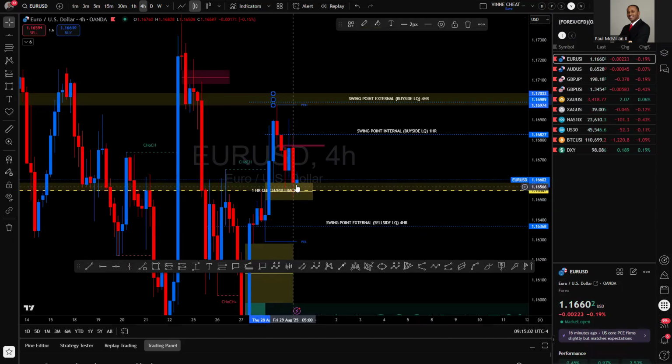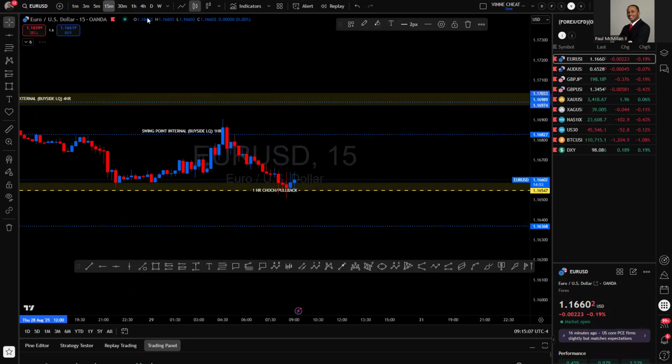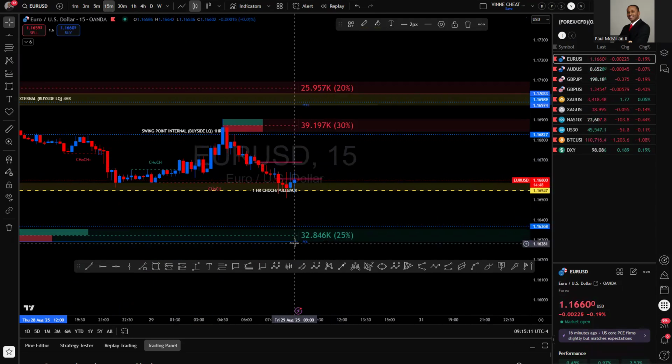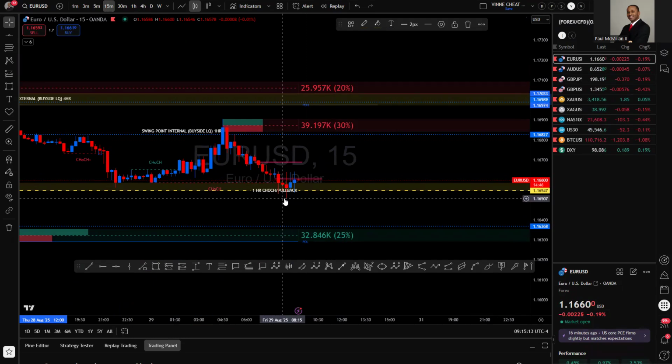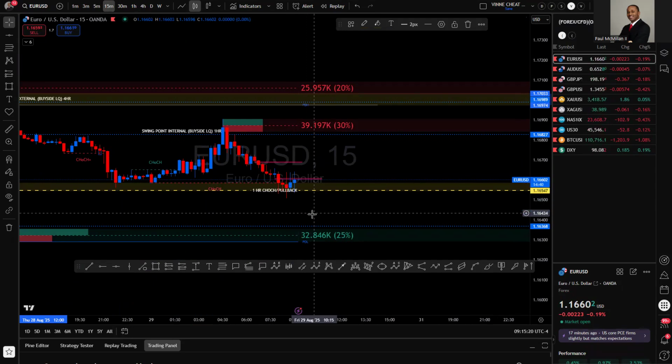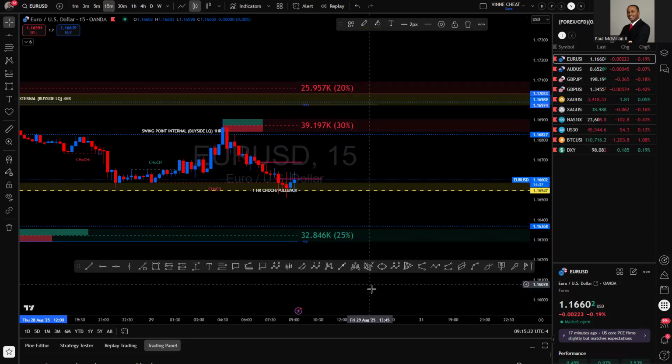We have a great rejection candle, so that's good. Let's see what the 15 minute is saying. Okay, so we got a great rejection candle. Now it's a possibility.